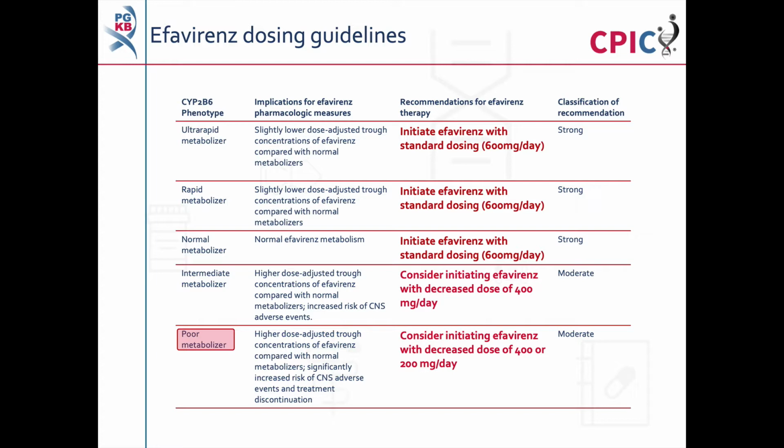Patients with the CYP2B6 poor metabolizer phenotype will have increased dose-adjusted trough concentrations of efavirenz compared to normal metabolizers and may also be at a significantly increased risk of side effects and treatment discontinuation. A dose reduction should be considered when initiating efavirenz therapy in these patients. This is a moderate recommendation.